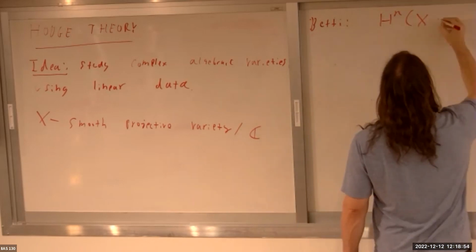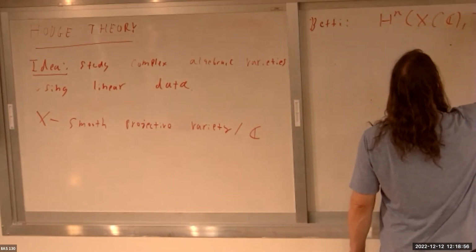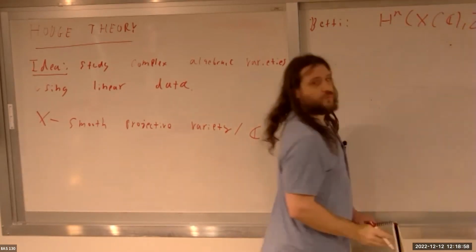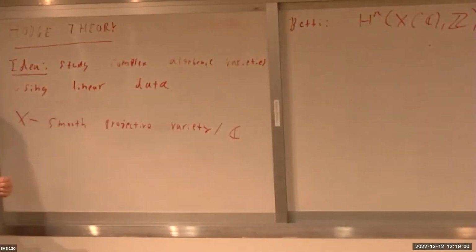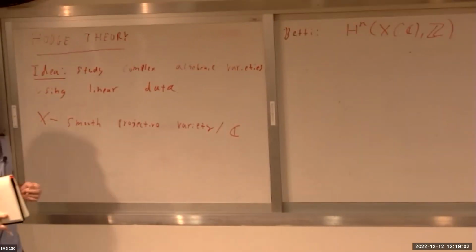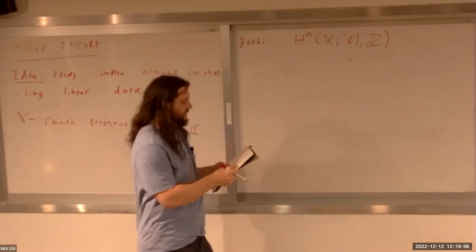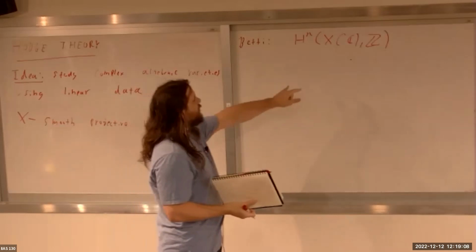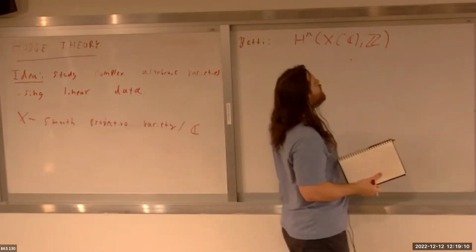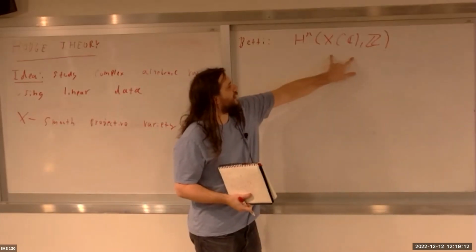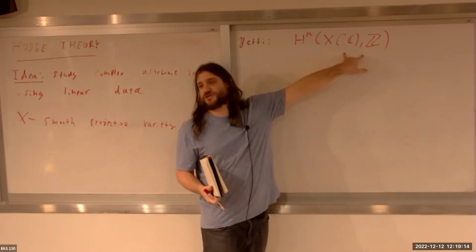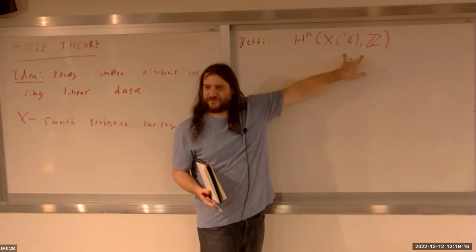Given an integer n, we can just look at the topological space given by the complex points of X. We can take the cohomology with Z coefficients or with C coefficients. Now, Z coefficients are going to be important for us, and this in general might have some torsion inside it. It's not always going to be a free abelian group.